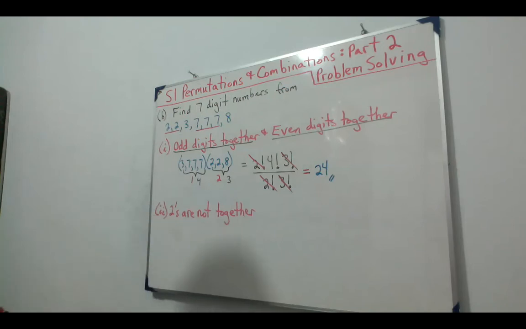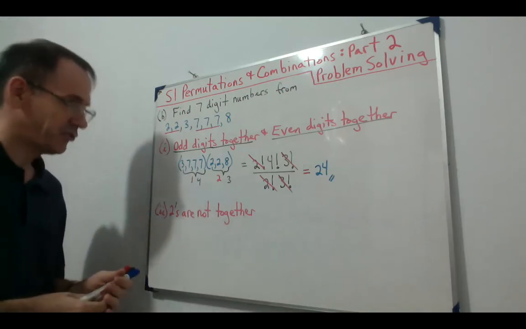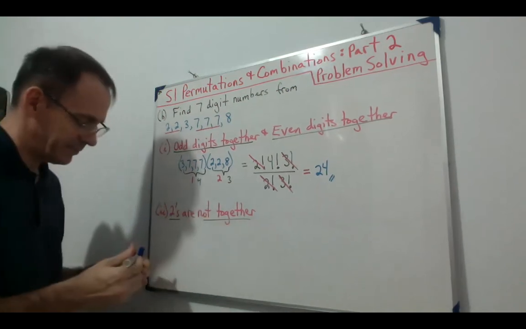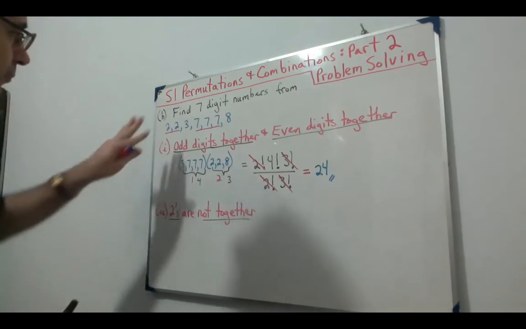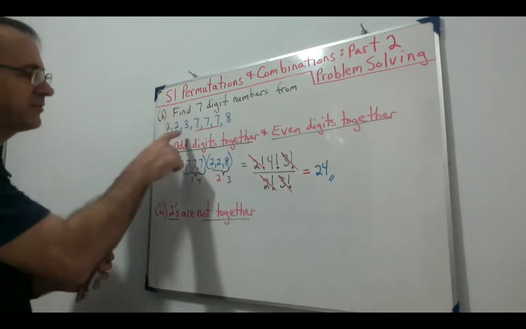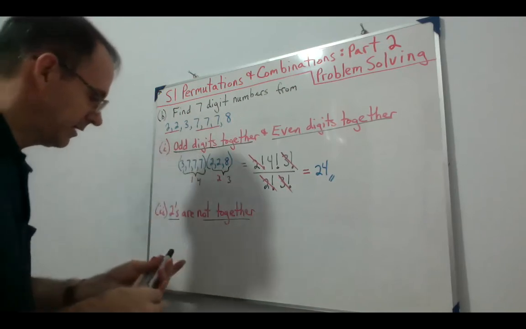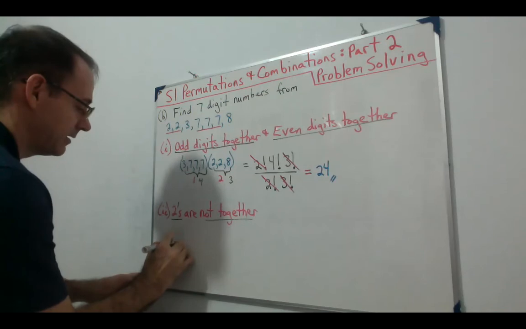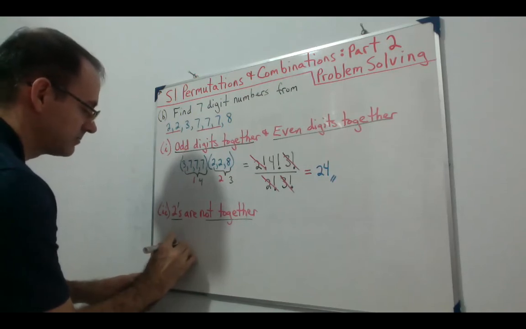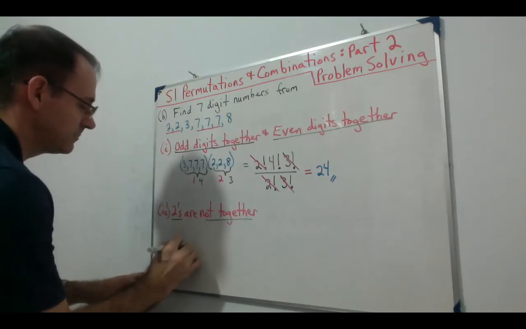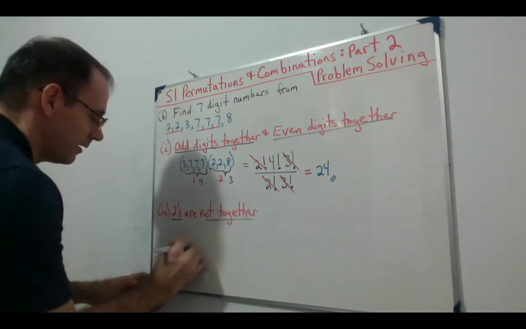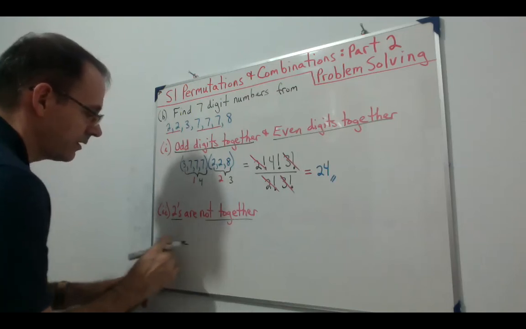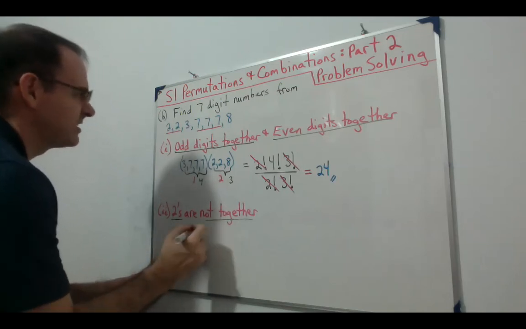Now part II just says the 2s are not together, meaning they have to be apart. So if we ignore the 2s, that's 1, 2, 3, 4, 5 places here. So we have a slot, and then we have a space.